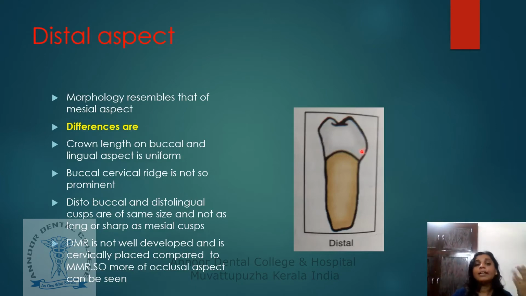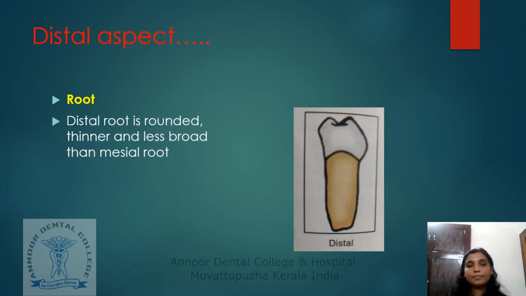The distobuccal and distolingual cusps are of the same size, and the distal marginal ridge is not as well developed as the mesial marginal ridge and is more cervically placed, so that more of the occlusal aspect can be seen. The distal root is rounded, thinner and less broad than the mesial root.